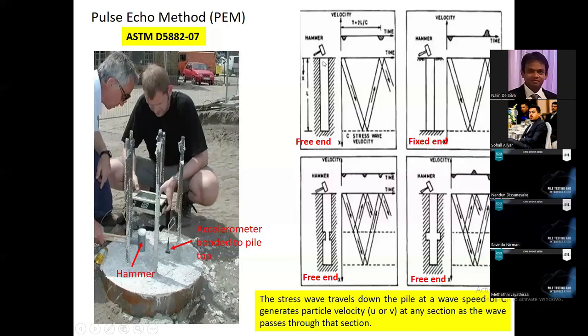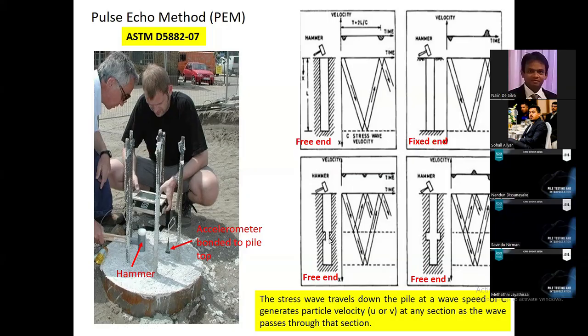So let's say you have a pile with a free end. Free end means there is a soft toe condition, right? Fixed end means the pile is resting on good end bearing strata, like maybe fresh rock or something. And let's consider another case where you have a defect along the pile, right?